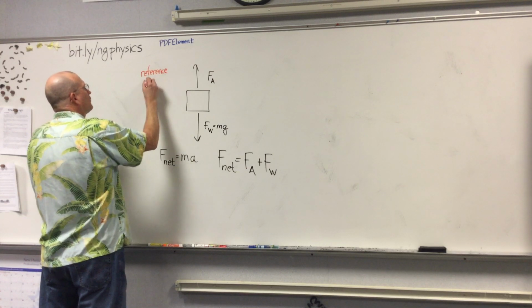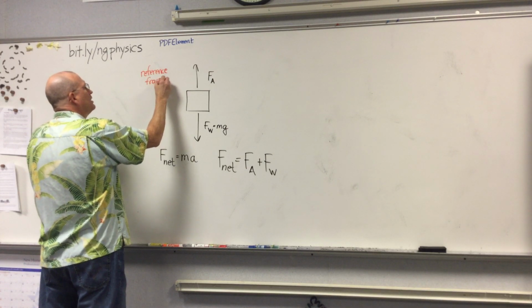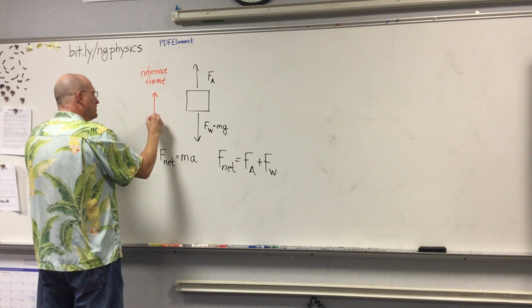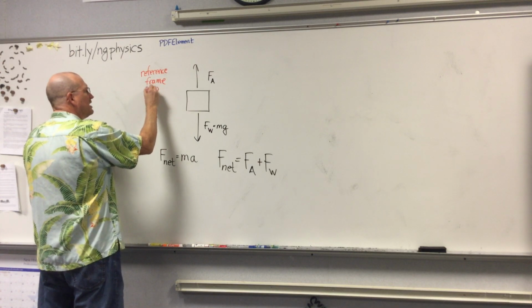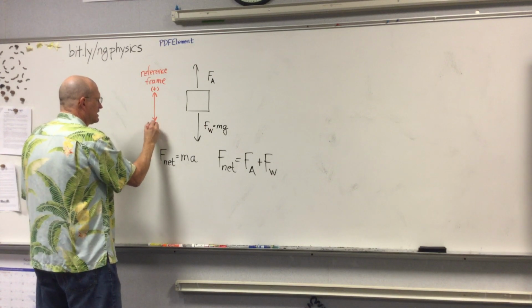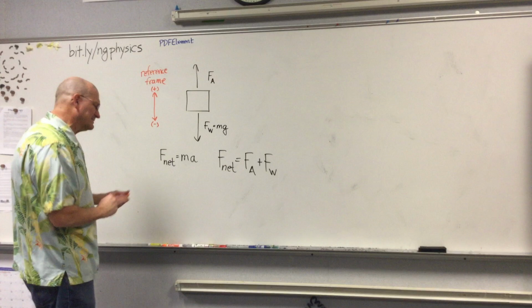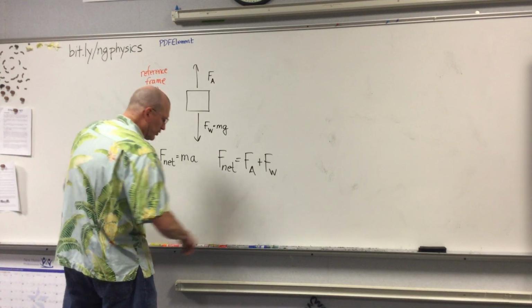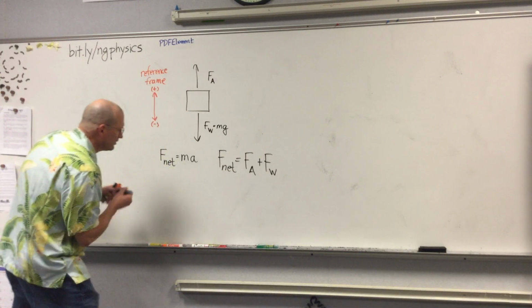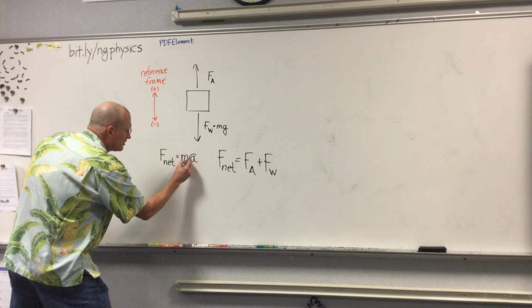Now, along with that, just as a reminder, reference frame, we need to keep in mind that anything acting upward is positive, anything acting downward is negative. And we could go one step further, and I'm going to do this in a different color as well.